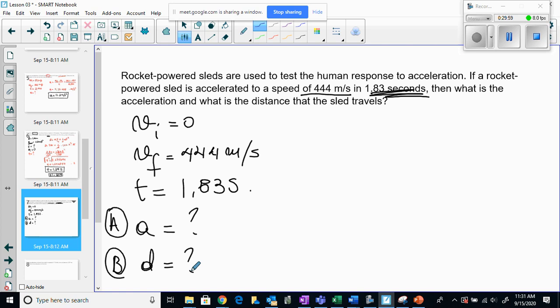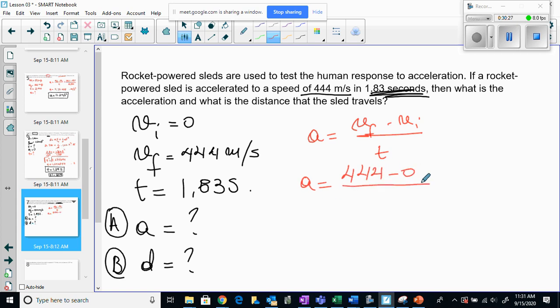What is the formula that we will use for the first one? What is the formula that we will use on the chart? Acceleration formula. Good. The acceleration formula is v final minus v initial over time. So acceleration will be 444 minus 0, which is still 444, over 1.83. Since everything is in the proper units, we don't have to worry about writing the units.